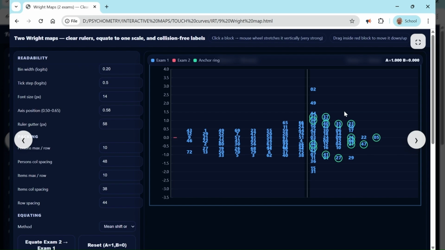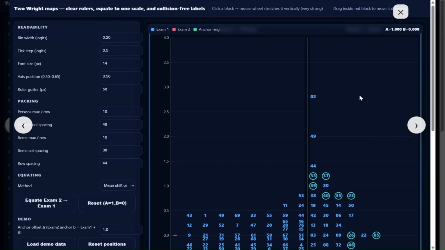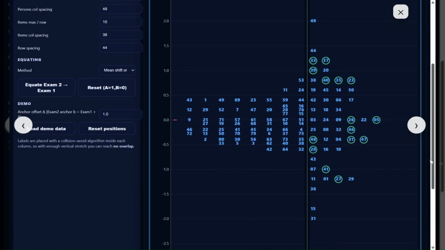Now one of the nicest things here is what we call the Wright map. In the Wright map, on the left, you see these are the students. These are the numbers of the students. This is student number 69. This is student number 49. So these are the abilities. This is the logit scale.